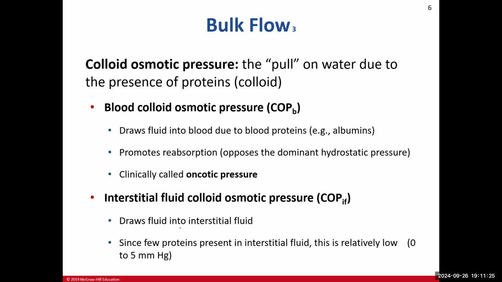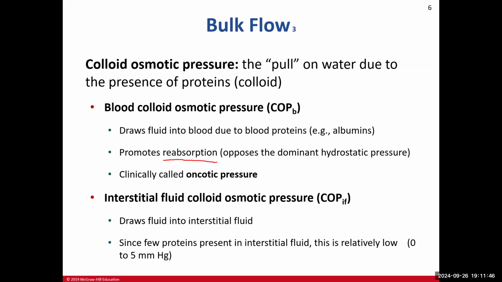So when we're talking about blood colloid osmotic pressure, it's mainly going to be involved in resorption. This blood colloid osmotic pressure is in opposition to your blood hydrostatic pressure.